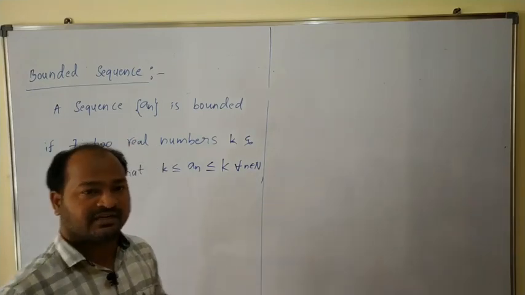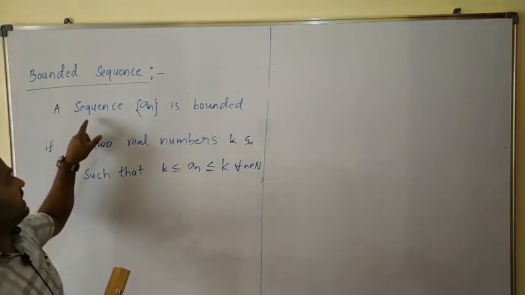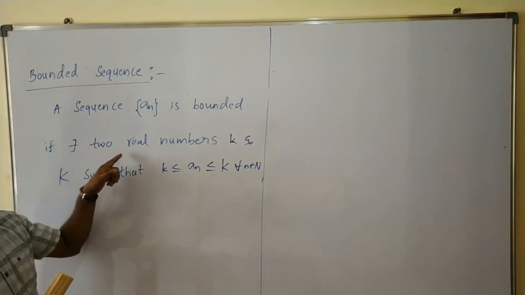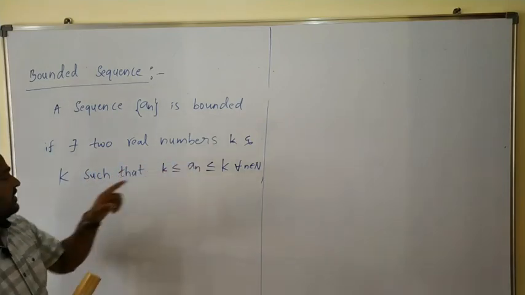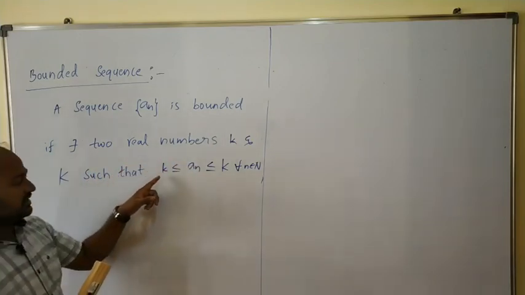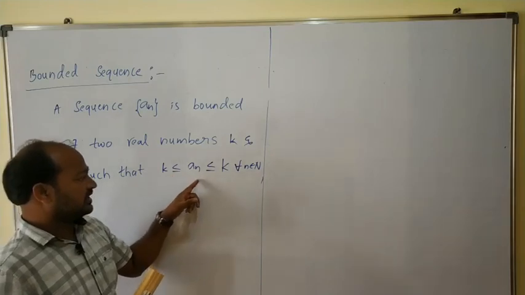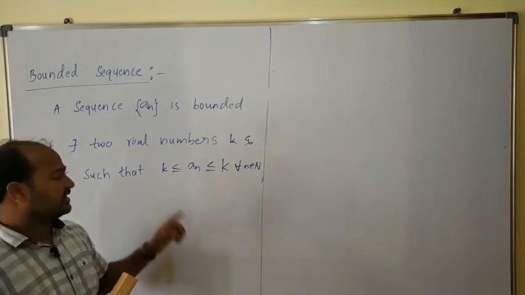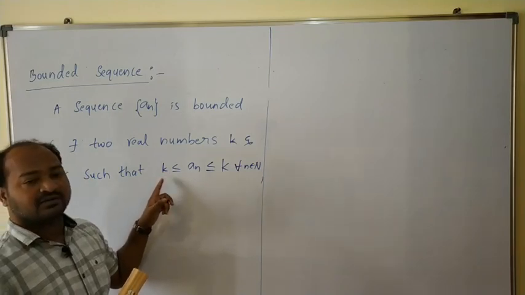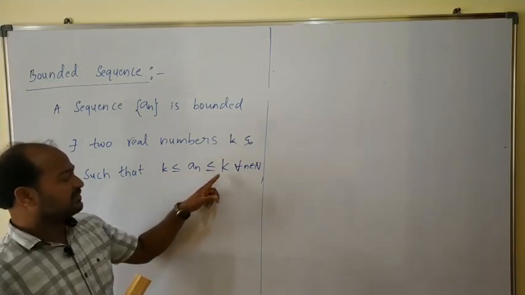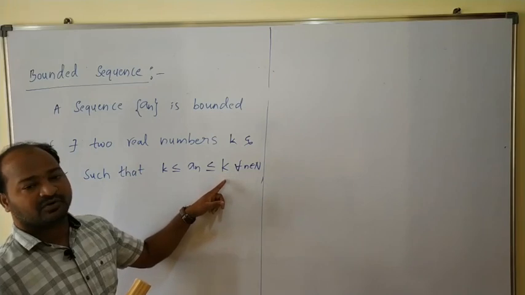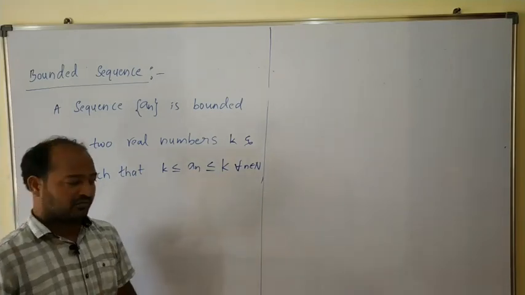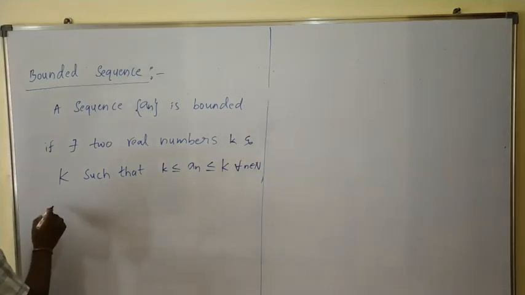Mathematically this can be defined as: a sequence AN is bounded if there exist two real numbers, small k and capital K, such that k is less than or equal to AN, less than or equal to K, for every n belongs to N. Here small k is called the lower bound of the sequence, and capital K is called the upper bound of the sequence. Now let us see one example for bounded sequences.